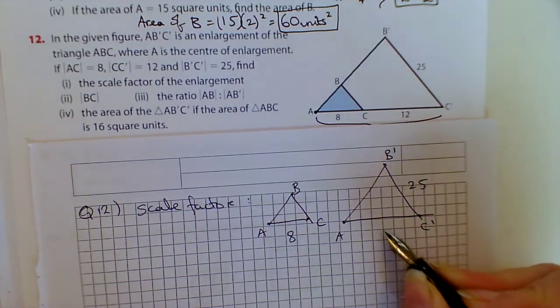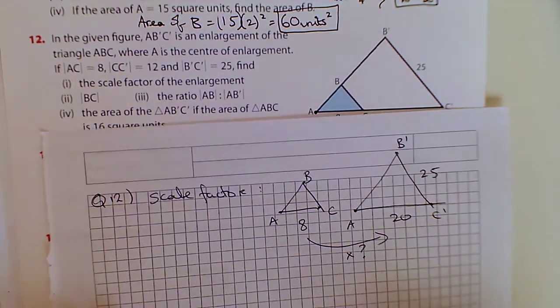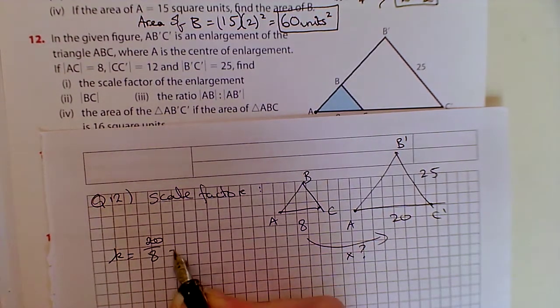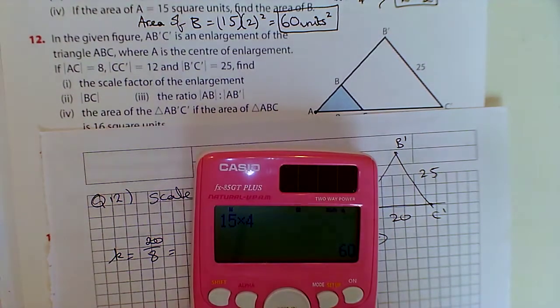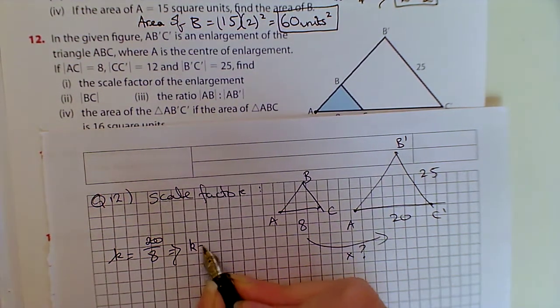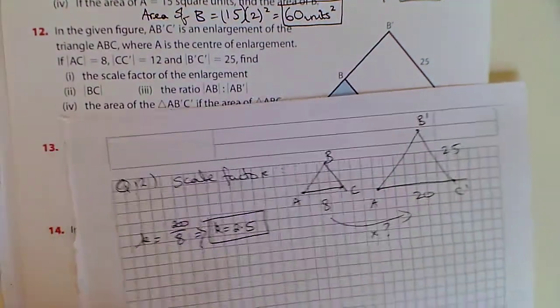So that's 25 and that's 20. So I can work out my scale factor from these. So K will be 20 divided by 8. Go ahead and do that calculation. 5 over 2 or 2.5. So K is 2.5. You can leave it as a fraction as well, that's fine.